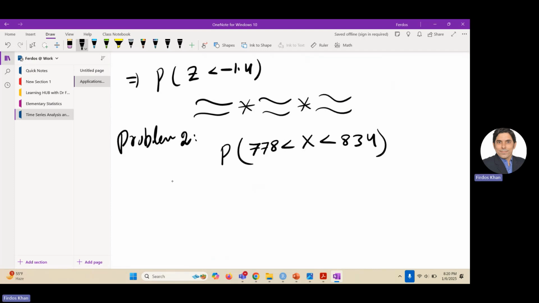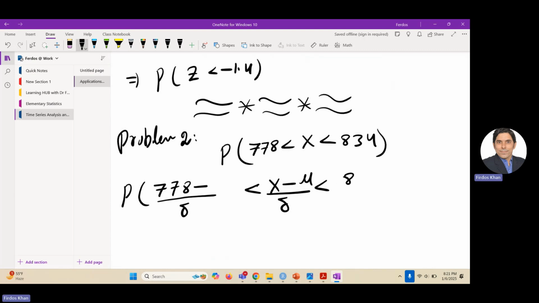So we start from this statement. We start with x minus mu divided by sigma, where mu is the mean value of this random variable and sigma the standard deviation. 778 is the value of the random variable, minus the mean, divided by the standard deviation.